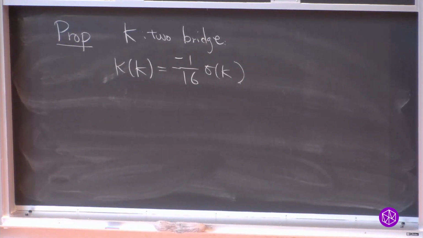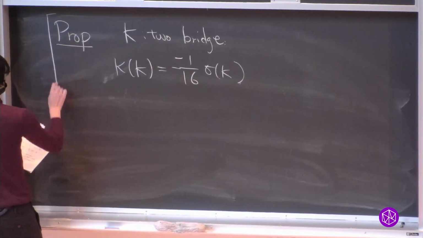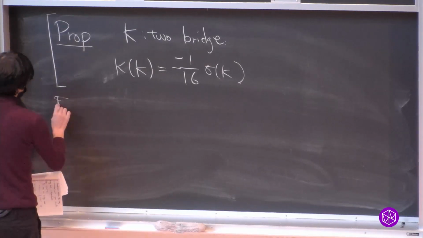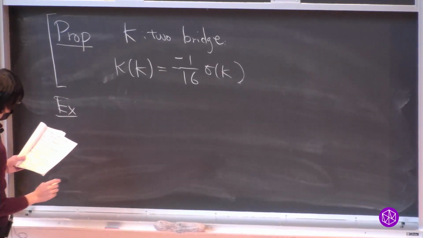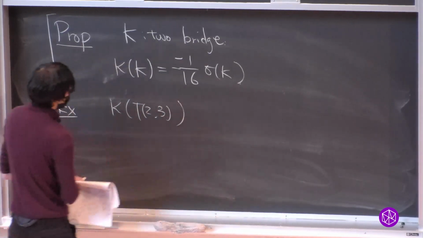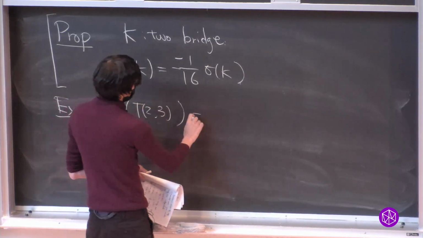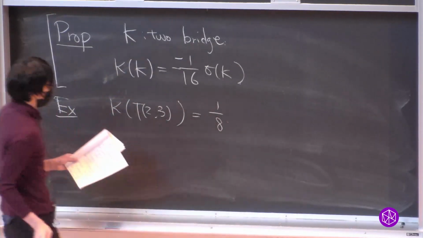And this also holds for any linear combination, the connected sum linear combination, of two-bridge knots as well. So this is one thing. As an example, if you consider the torus knot, our convention of signature is -2 for this one. So that means this is equal to 1/8.